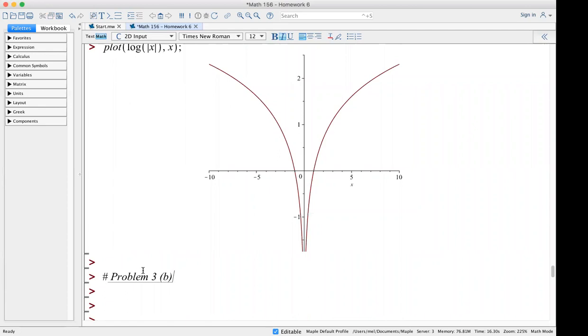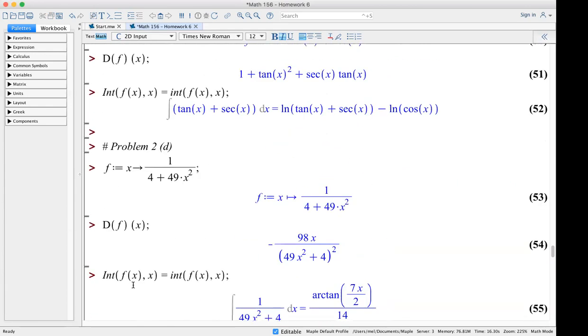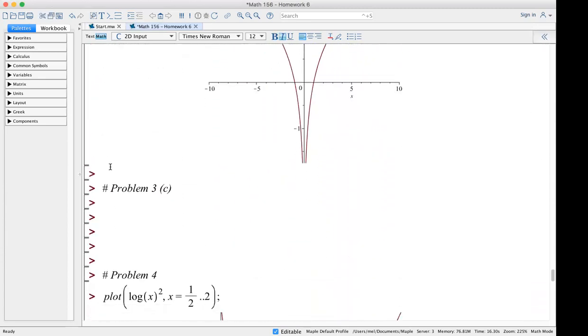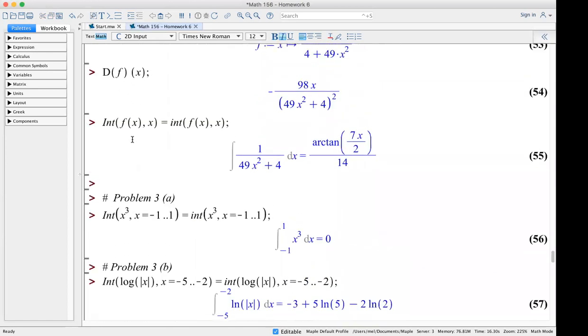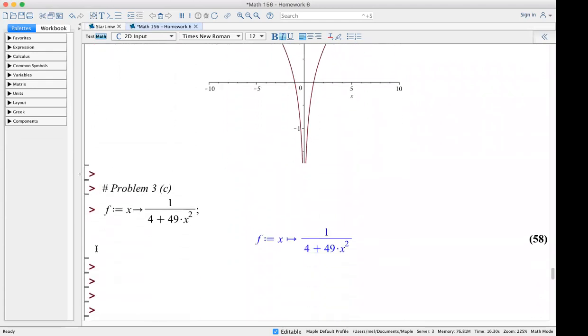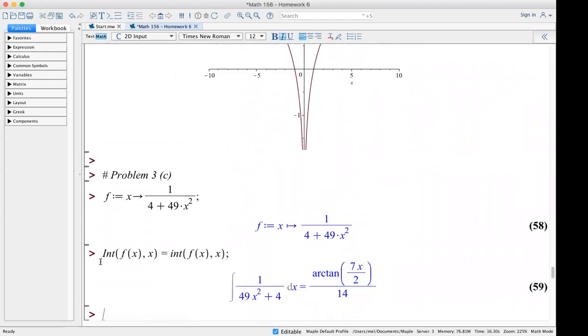This is problem 3C. So we have this function, and this gave us the indefinite integral, but we want the definite integral.